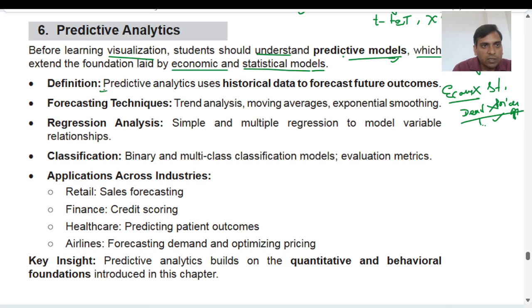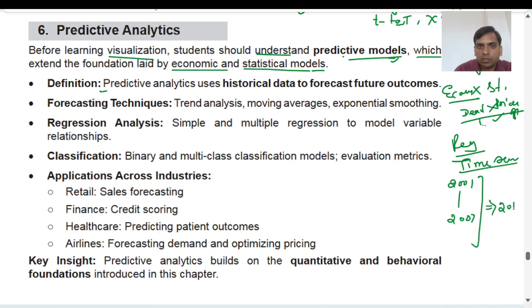Now the definition. Predictive analysis uses historical data to forecast future outcomes, just like we considered in regression analysis, time series. We had data from 2001 to 2007, and we predicted the value for 2010. This is to forecast future outcomes.